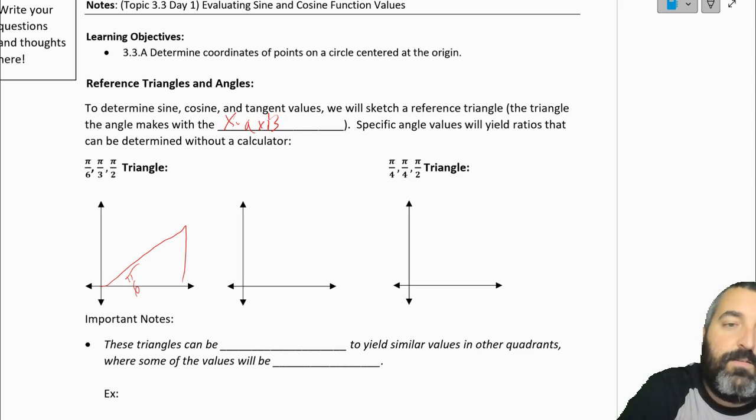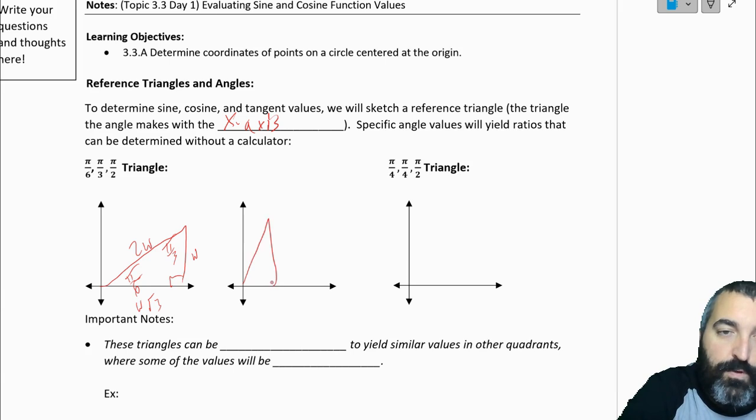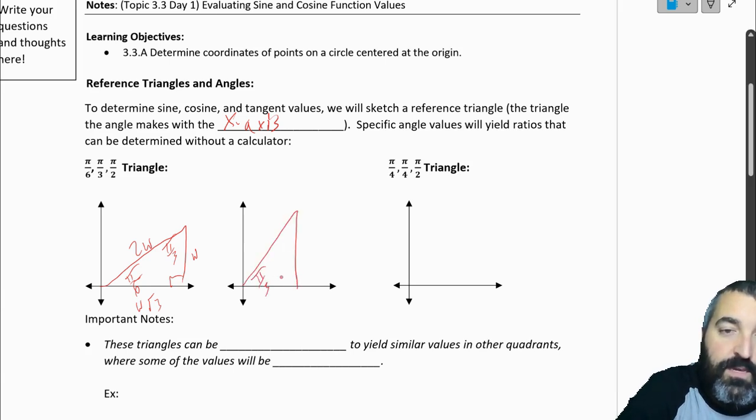Okay, so again, we're going to do our reference triangle. I'm going to draw pi 6 as my angle with the x-axis, pi thirds is up here, and then 90 degrees would be down here, or pi halves. If you recall from algebra 2, we did this ratio: w, w root 3, and then 2w. We're going to use that same ratio when pi thirds is the reference angle.